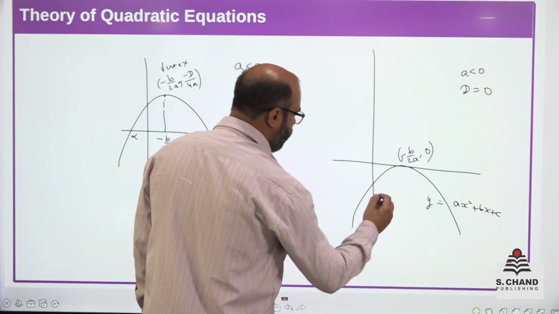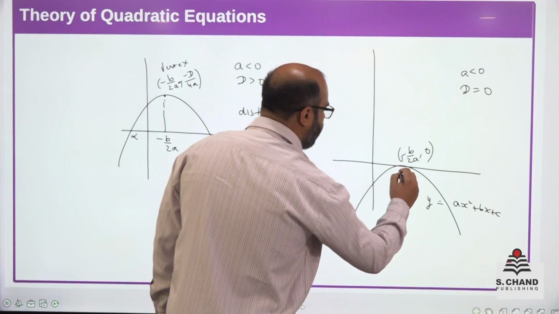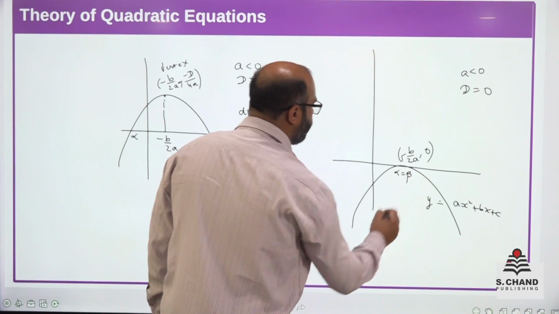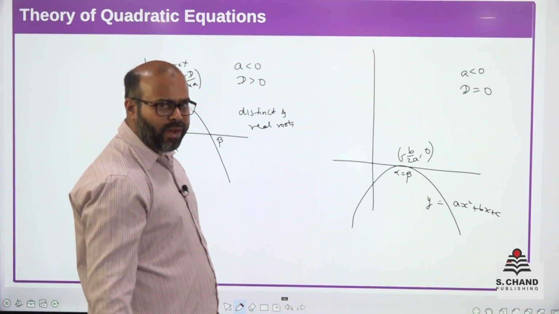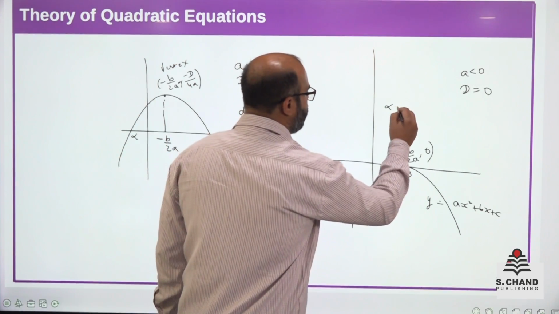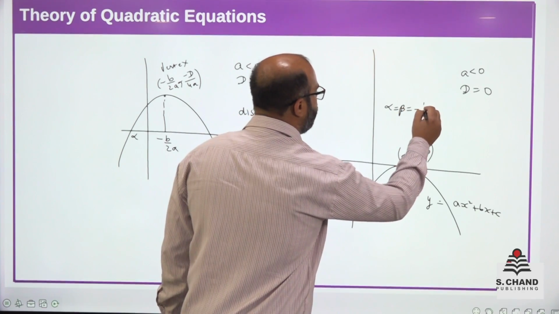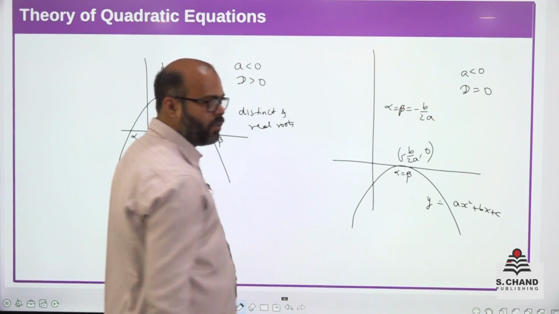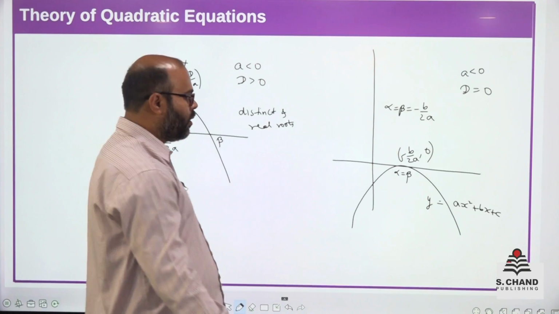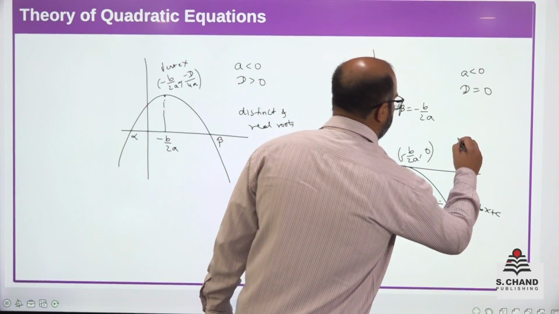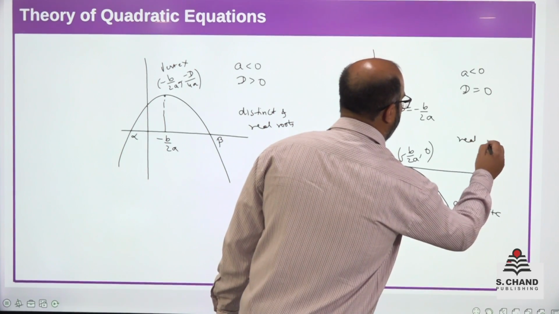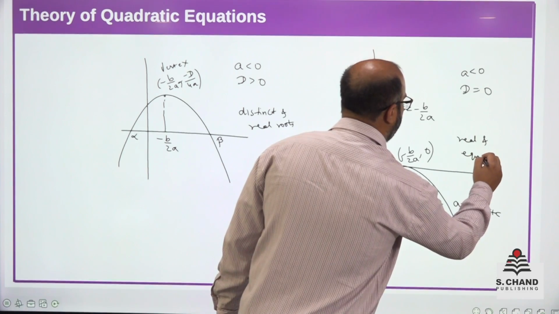And since the roots are equal, alpha is equal to beta. And can you tell me what is the value of alpha and beta? So alpha and beta both are same and it is touching it at minus b by 2a. So this is the root. This is the real and equal root.